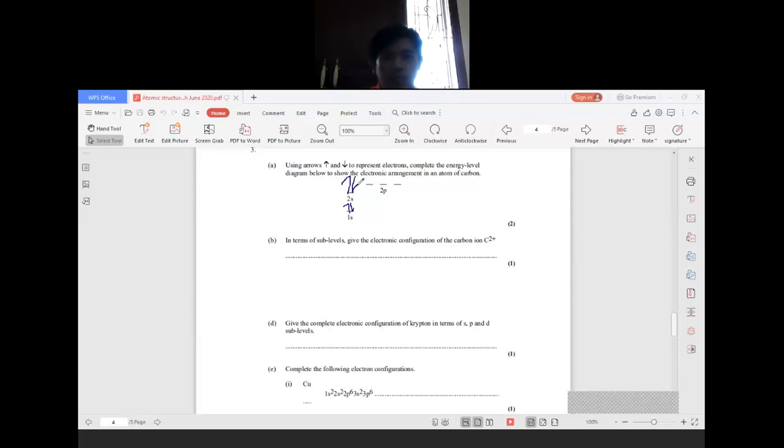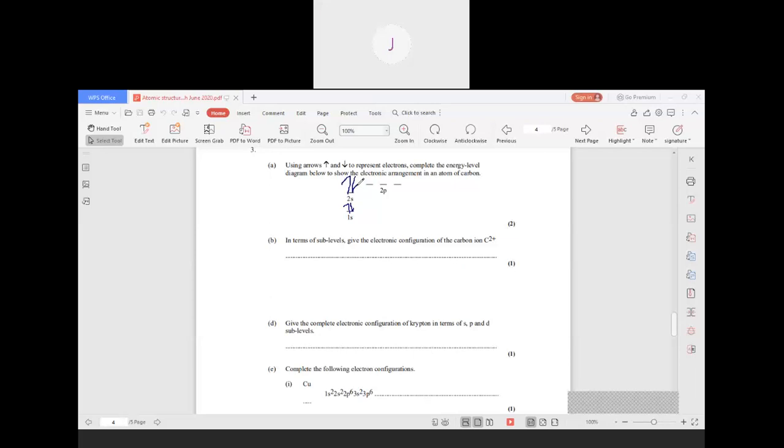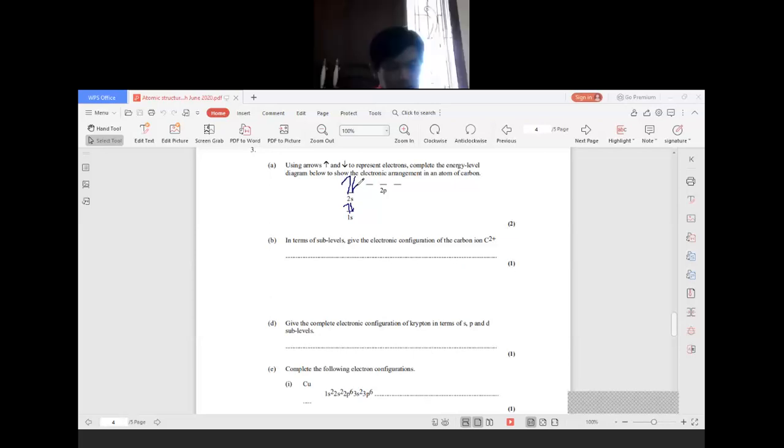Can you open your periodic table? 6. 6, correct. The subshell electronic configuration is 1s2, 2s2, and then 2p2. Because it is 2p2, right?